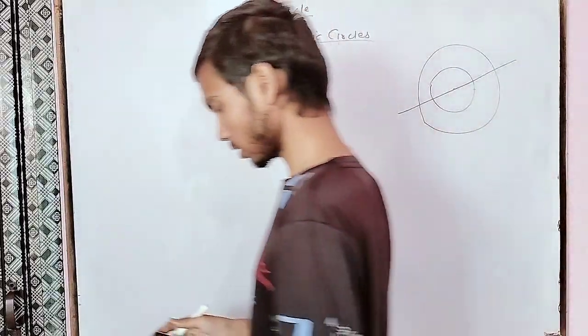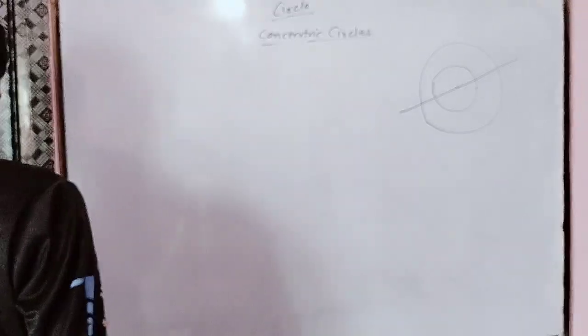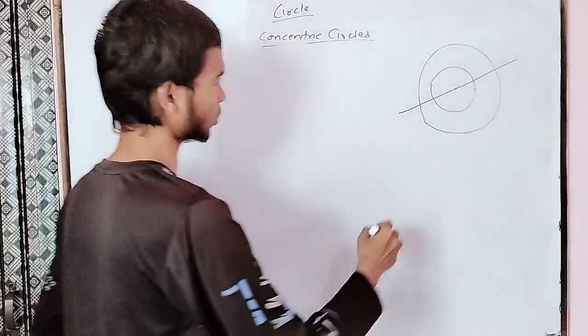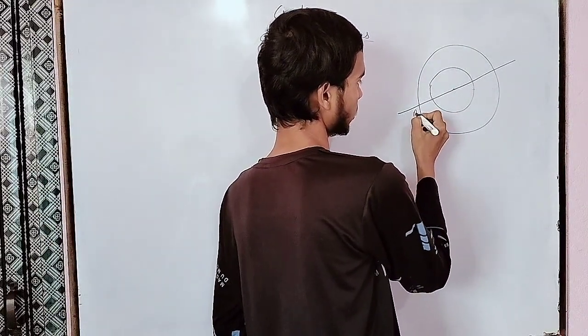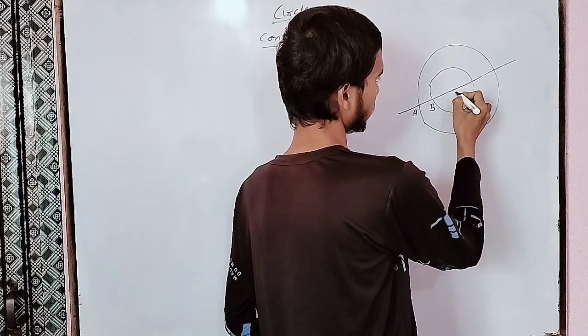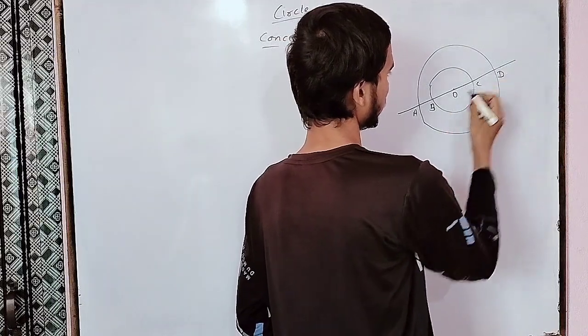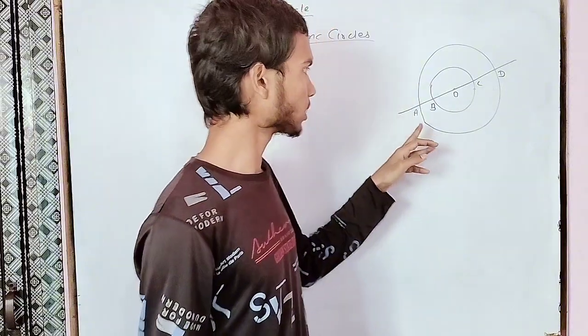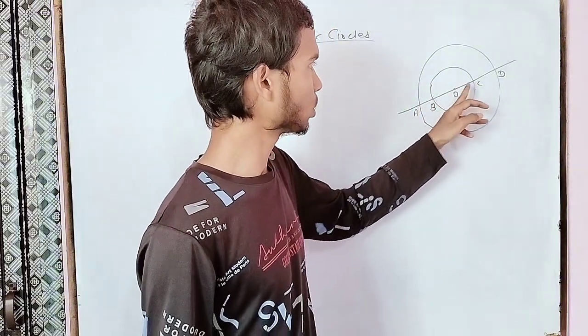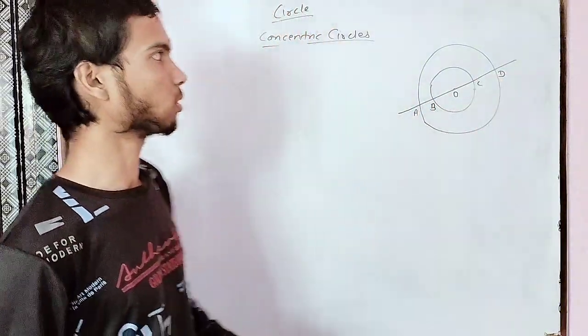Okay, clear. Now at A, B, C, D. Here this line is intersecting at A, B, and this is C, D. We can see how many times this line is intersecting: 1, 2, 3, 4. There are 4 intersection points.